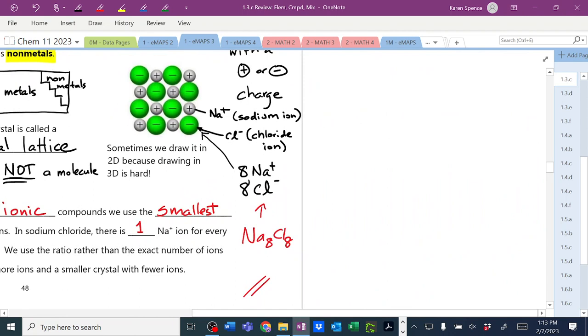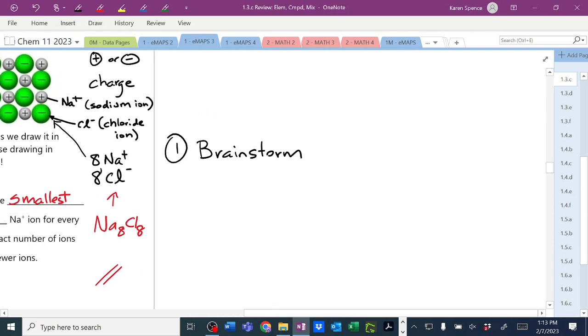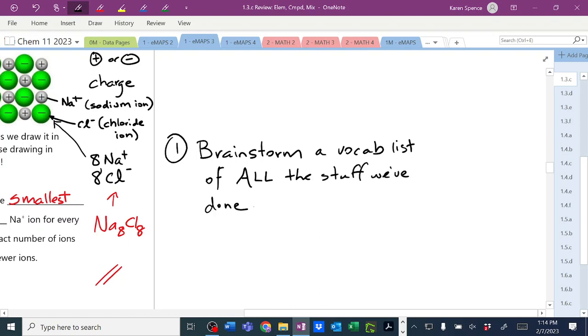Okay, so the first thing we're going to do is you are going to brainstorm with your neighbor and the people around you a vocabulary list, not just from this section, but from all the stuff we've done. Once you have done that, we'll get together and create a class list, okay?